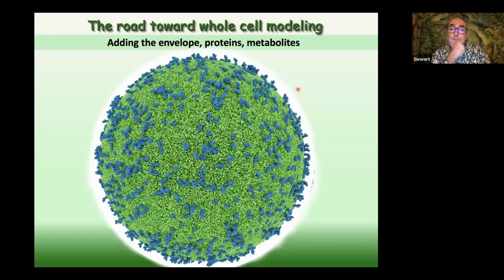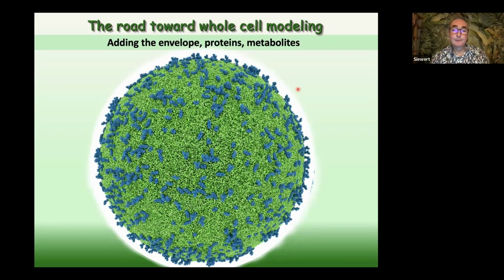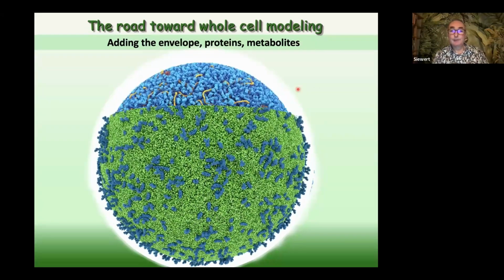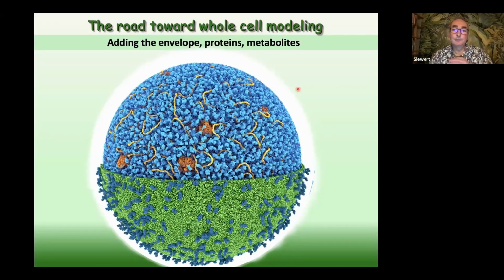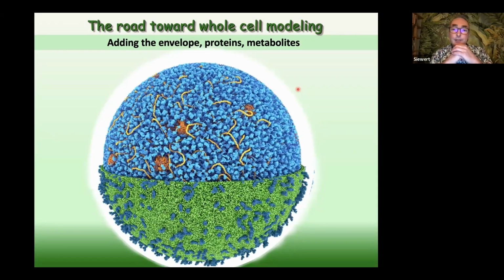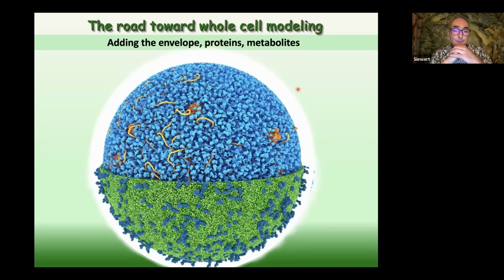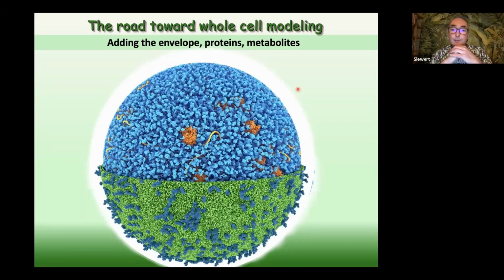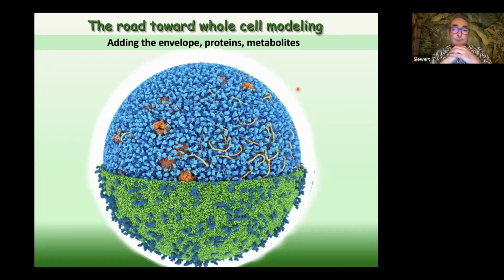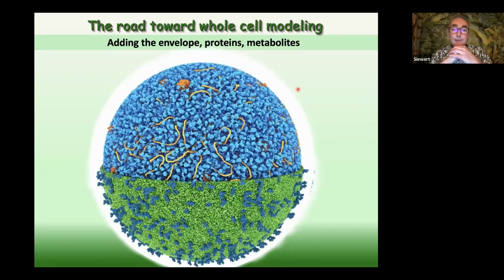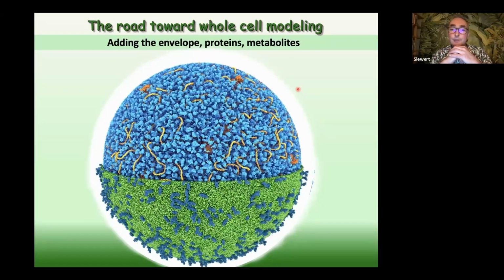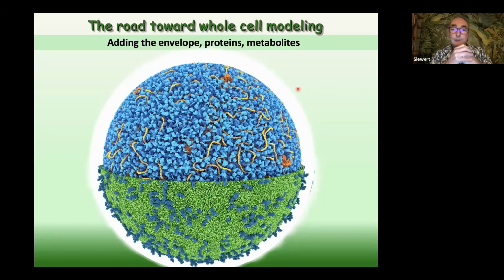Now, this is the final model that we made, which you see here: the envelope, containing the lipids and the membrane proteins that we put in. And inside you now see that we filled up the cell with all the cytosolic proteins in blue. The metabolites are probably too small to be visible here, but all the metabolites are in here.